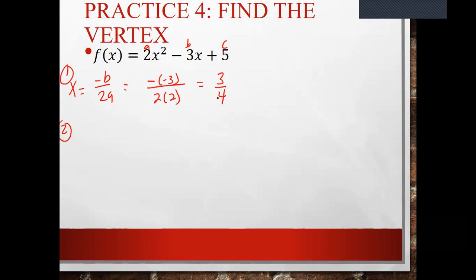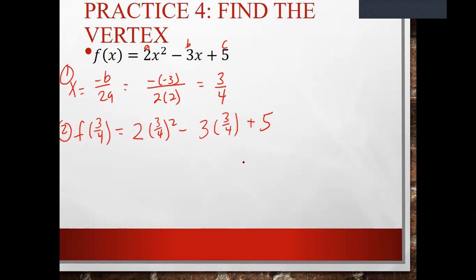Step 2 is you take what you got from here and plug it in. So we're going to find f of 3/4. We have 2 times (3/4) squared minus 3 times 3/4 plus 5. And yes, I gave you a fraction because if you can do it with a fraction, you can do it with anything.